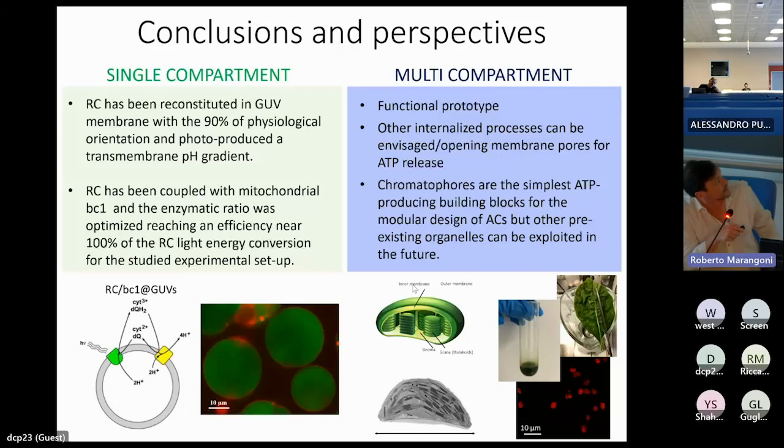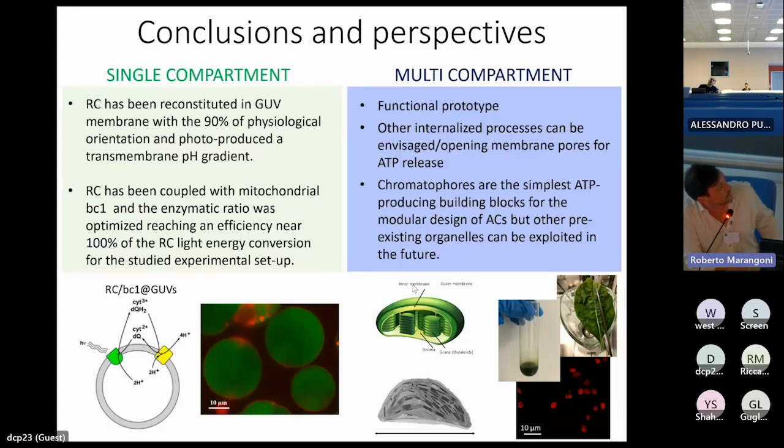As a conclusion, we were able to realize artificial giant vesicles that are able to transduce light energy into chemical energy. In the case of the single compartment approach, this transduction is in terms of pH gradient. In the case of multi-compartment, this means the conversion of ADP into ATP.